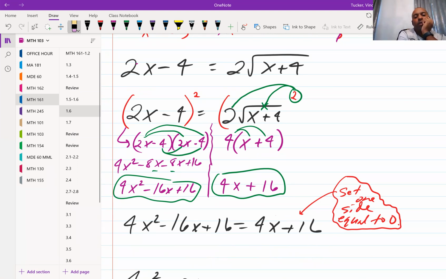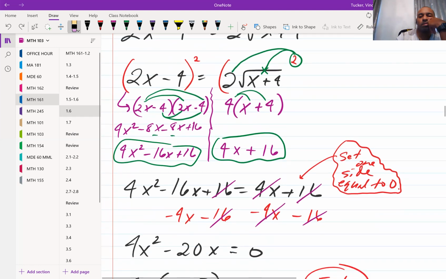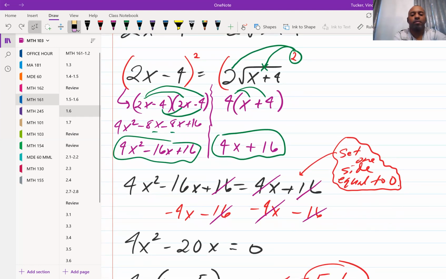So we have 4x squared minus 16x plus 16 equal to 4x plus 16. Now we're going to set one side equal to 0. We're going to subtract 4x and 16 from both sides. The 16 ends up canceling out on both sides.